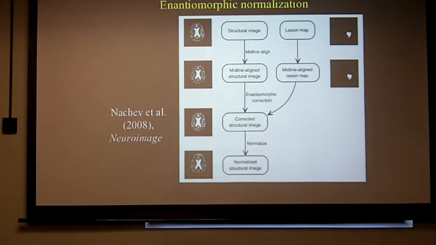If you have your lesions in all of your subjects on the left side or right side, then you can use the normalization or deformation information of the other side, the intact side, the side without lesion, and apply it to the lesion side. So this is the process, but I don't want to delve into it.